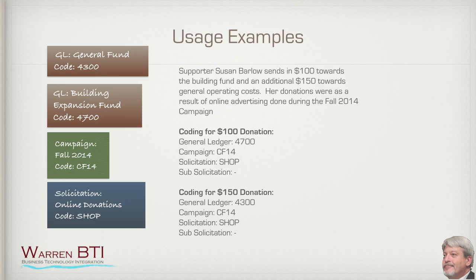It's also associated with the fall campaign, and the solicitation code is also identified as SHOP, designating that it was an online donation. The $150 donation goes to a different General Ledger Code, 4300, which is for the General Fund. It has the same campaign code and the same solicitation code because it was also through online and it was also associated with the fall campaign.